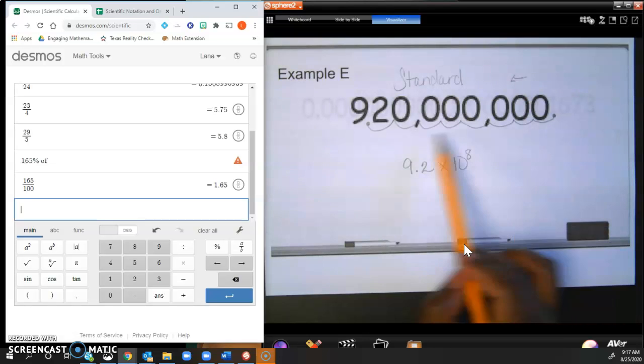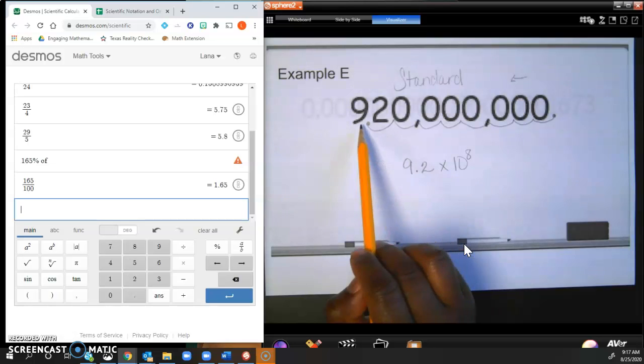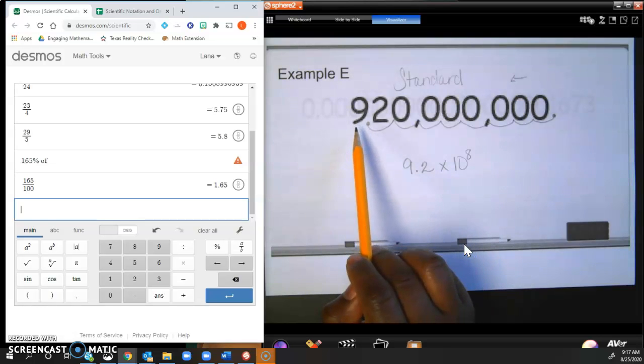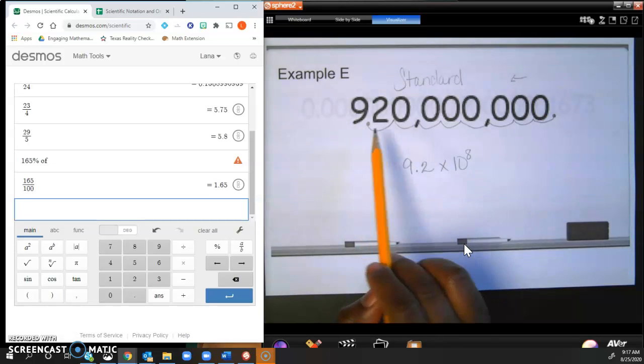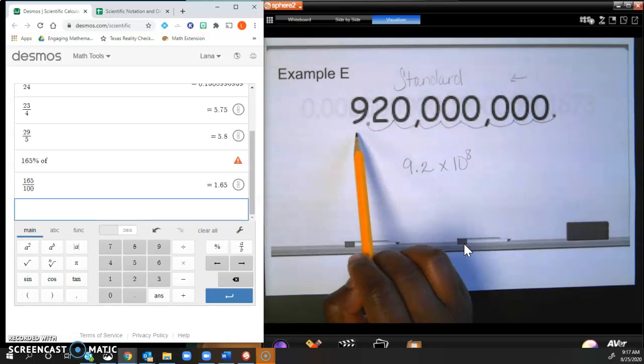It's also important to note that you are going to move your decimal until you only have one number in front of the decimal. So you're going to move it as many times as you need to until you have one number in the ones place. Okay?